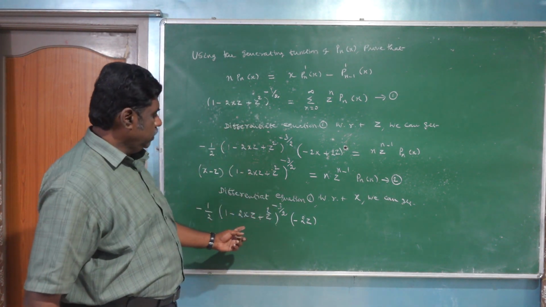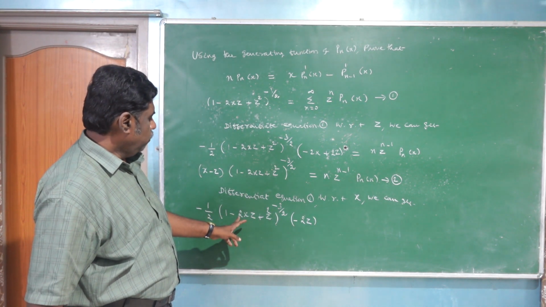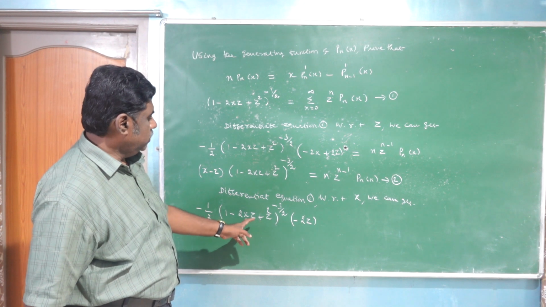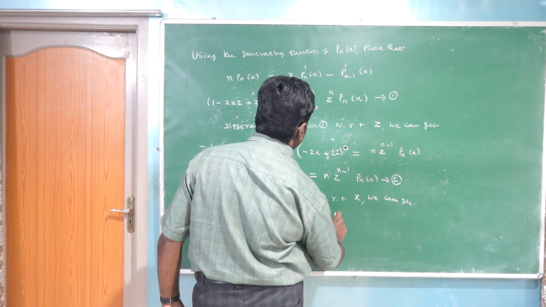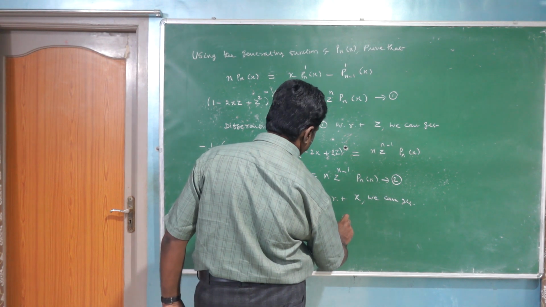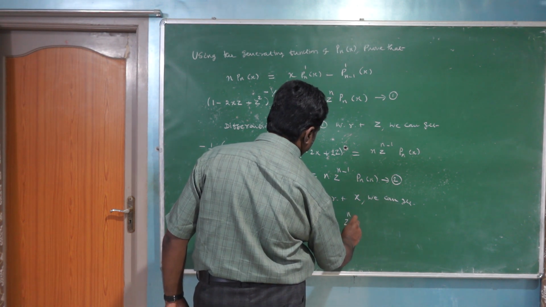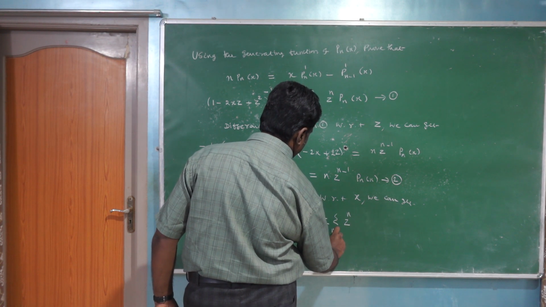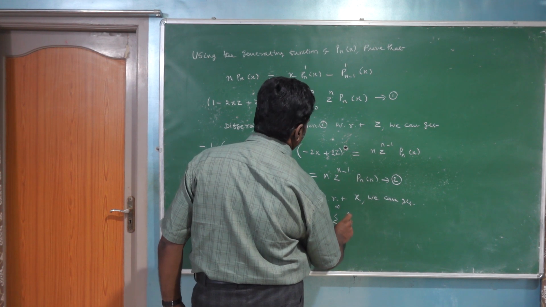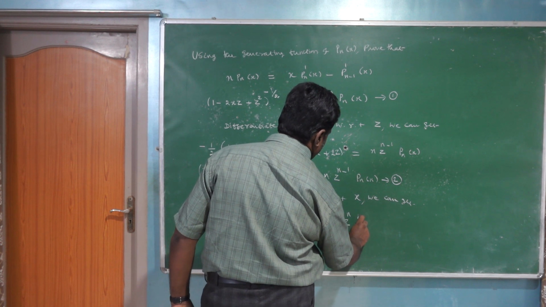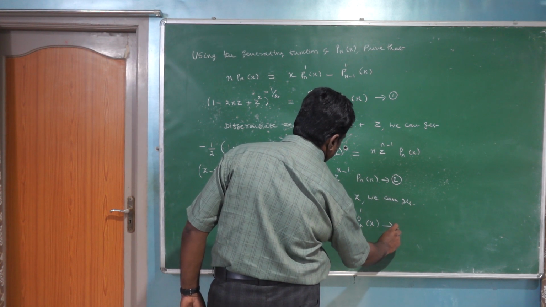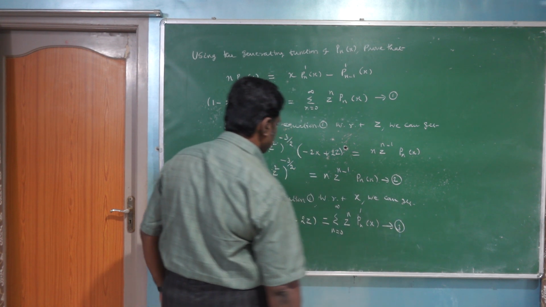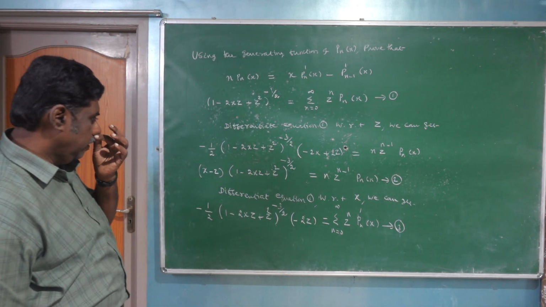We are differentiating with respect to x, so differentiation of minus 2xz is only minus 2z, which is equal to, write down this z power n as such, summation n equal to 0 to infinity Pn dash of x. This is equation number 3.